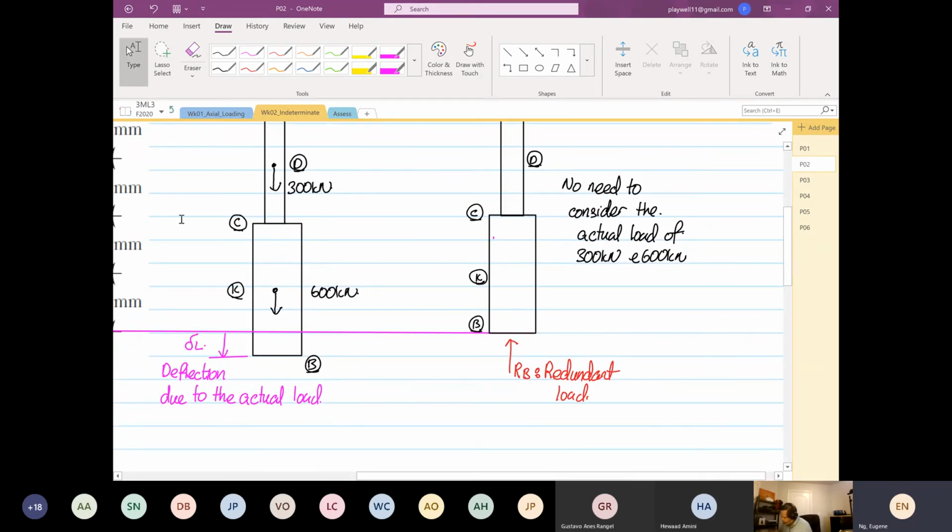So what we are trying to determine down here is this now. We knew we had a deformation going down this way. So now we're going to push it back. And this is your delta R. Delta R is the deflection due to the redundant load.